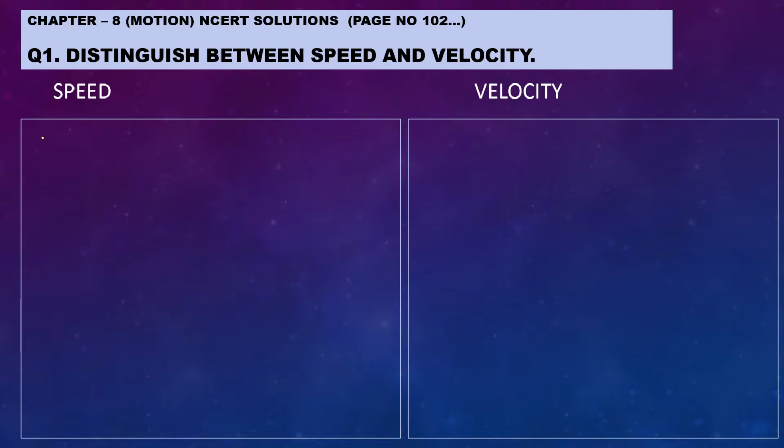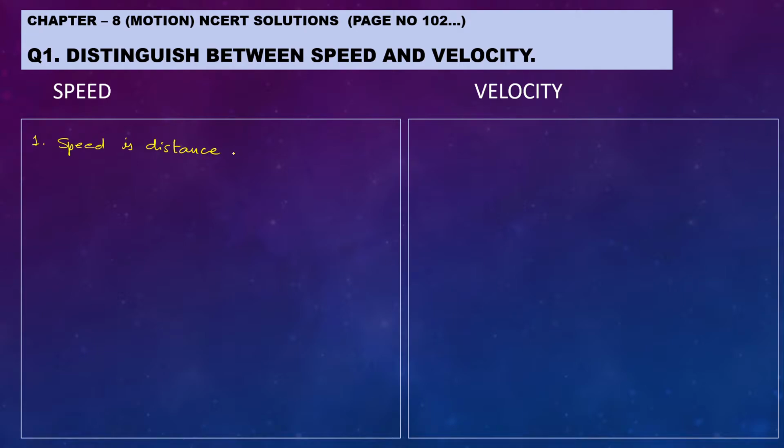So first question says distinguish between speed and velocity. Very important question, so many times it has been asked, right? So we'll write the differences. First one, the definition of both speed and velocity.